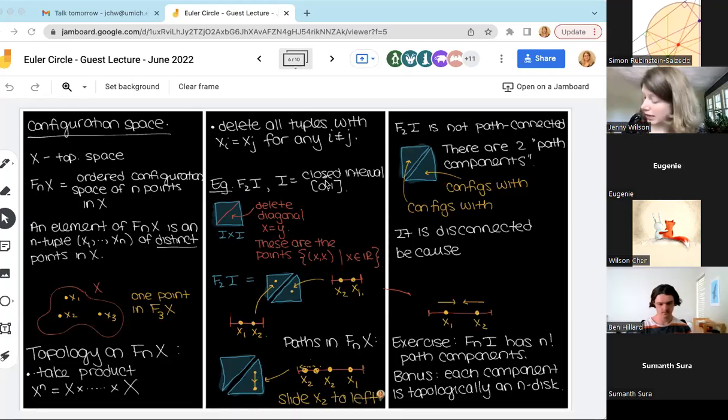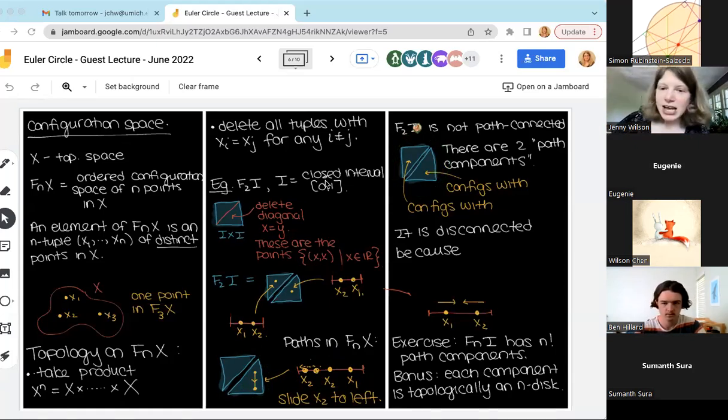Okay, so again, I can view paths in this configuration space as these families of configurations where I'm sliding my two points around continuously. And again, it is topologically meaningful. It is telling me something about the nature of these collections of points in the line, that this configuration space is not path connected.